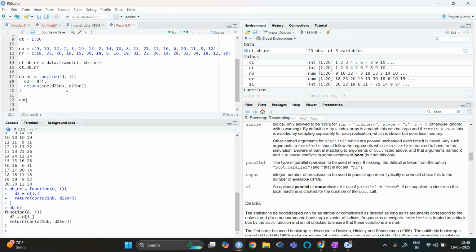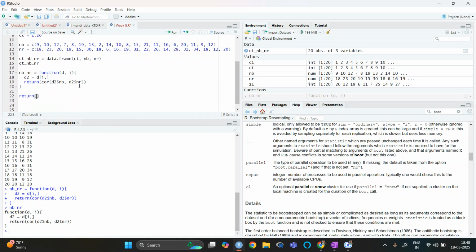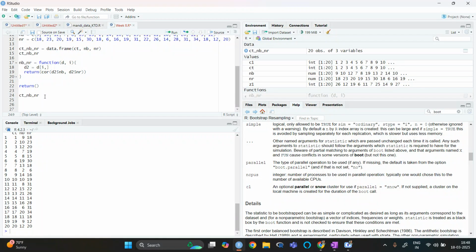If I do this, return, okay. So here I have written d2. So let me just take CT, d, NB, and NR.